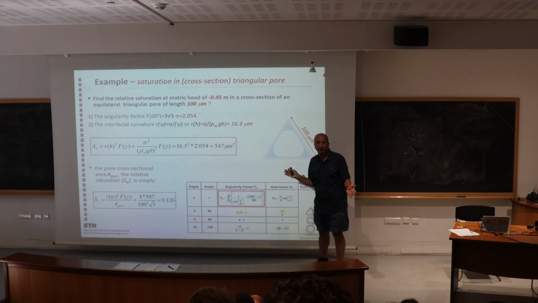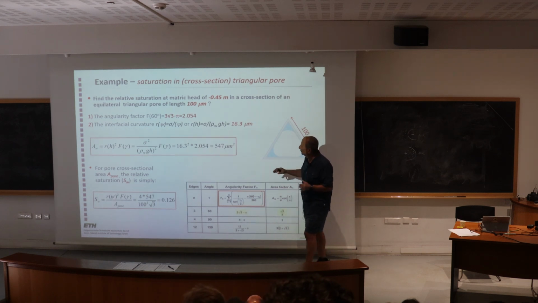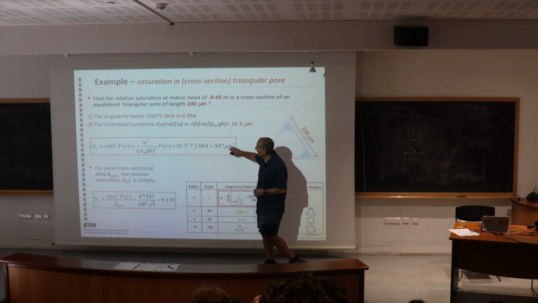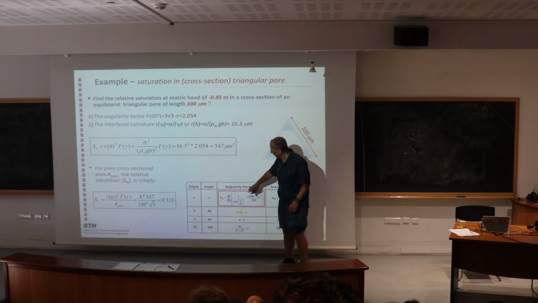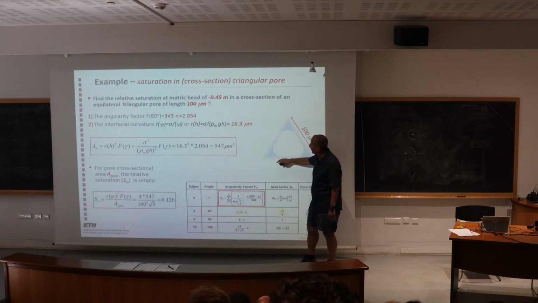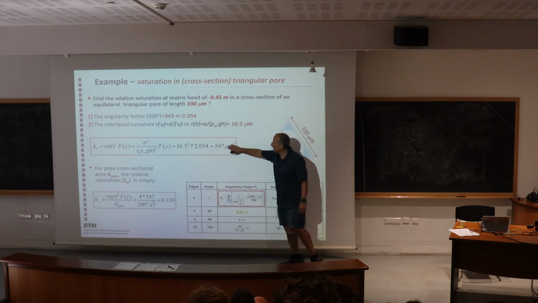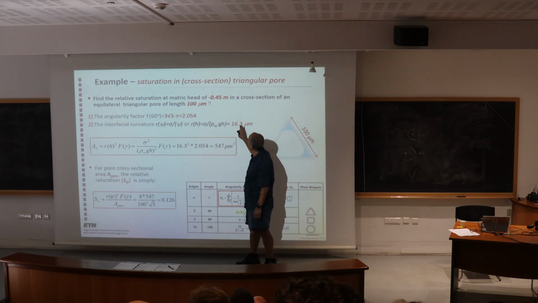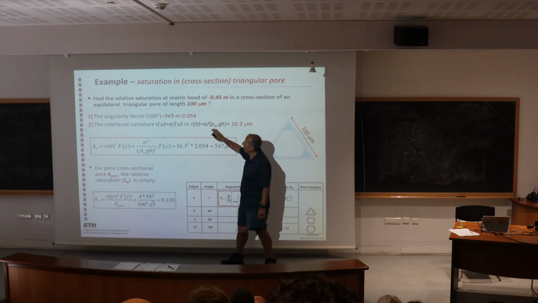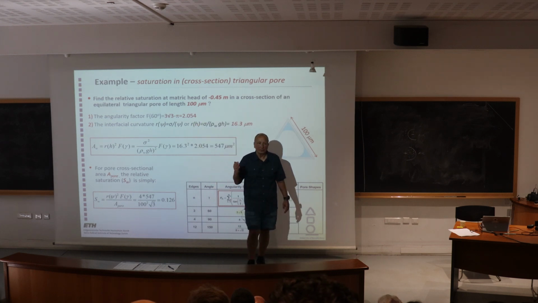How much water is in the pore? This is the two-dimensional representation, so it's very easy to calculate. I calculate the area of the water from these formulas that we developed to be, I don't know, 547 square microns. The curvature from the Young-Laplace equation is 16 microns, and the angularity factor is 2.05.